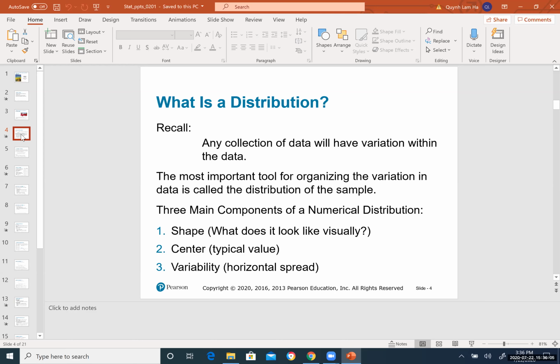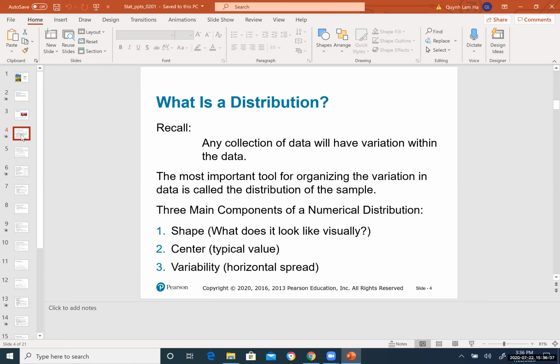What those words mean, I will show you later. Just keep in mind that the keywords for shape are unimodal, bimodal, uniform, or skew. We have two types of skew: skew to the right and skew to the left. The main shape is about 5 right now, right?